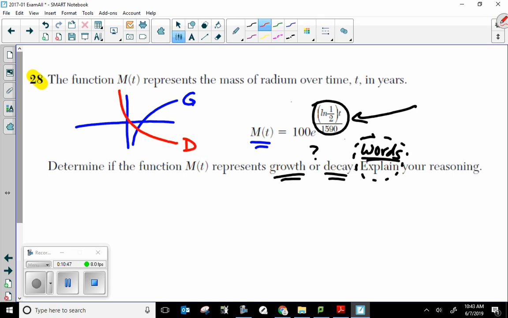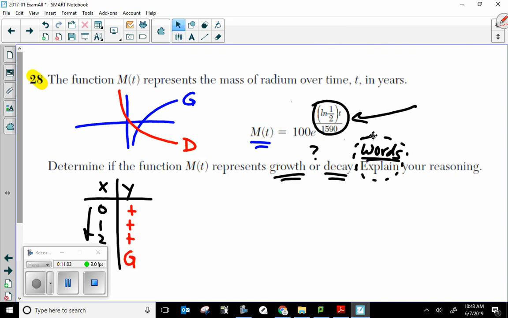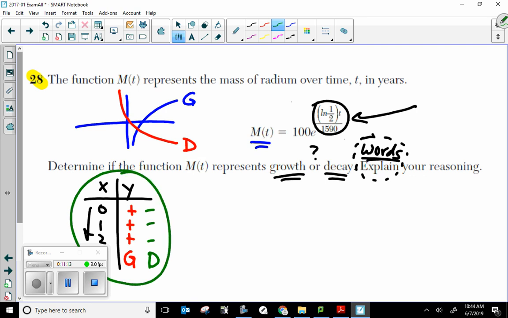That would be D for decay. So I can look at my graph, or I can even look at my table. As x goes 0, 1, 2, and so forth, if my y increases, gets bigger and bigger, that represents growth. If y is decreasing, getting smaller and smaller, that's decay. I can do either one, and I think I'll just look at the graph for right now.